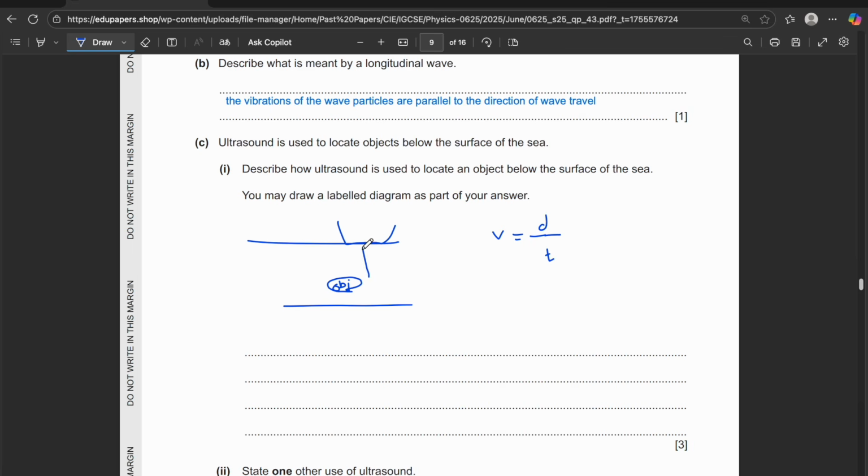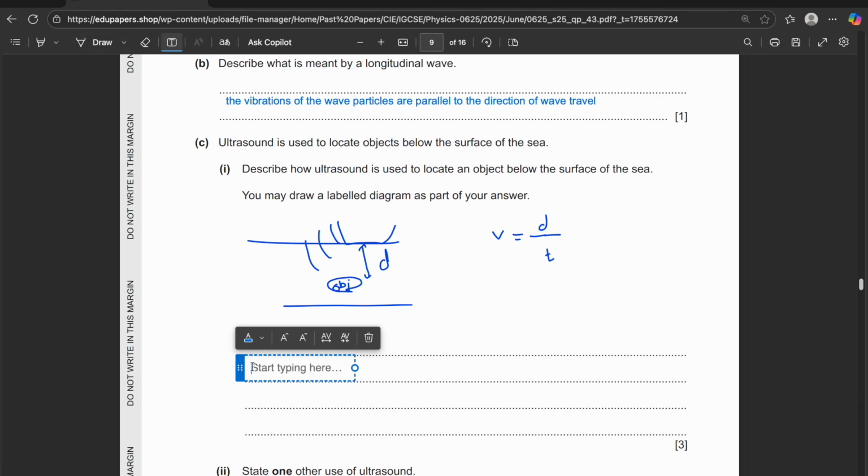So this will be the distance, and as you emit the sound, it will reflect back, and that time t would be 2t, right? Because it's an echo.